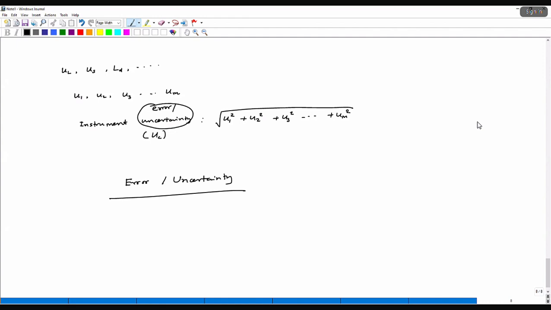When you do some measurement, if the error is only coming from the instrument, then you say that your uncertainty is the same as the instrument error, because already, for the instrument, the manufacturer has given all the errors. So you say that instrument uncertainty is equal to instrument error.